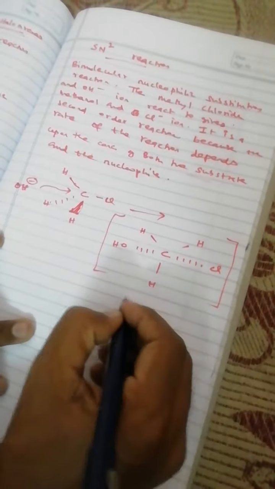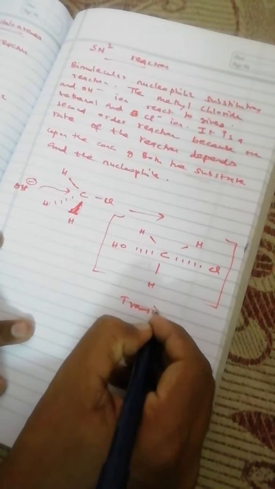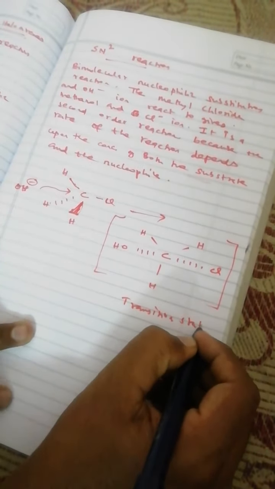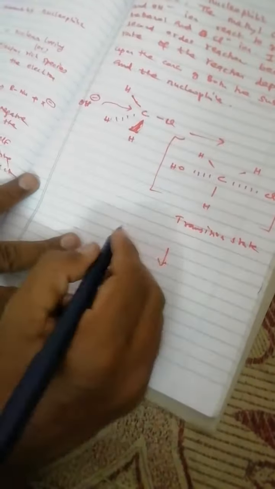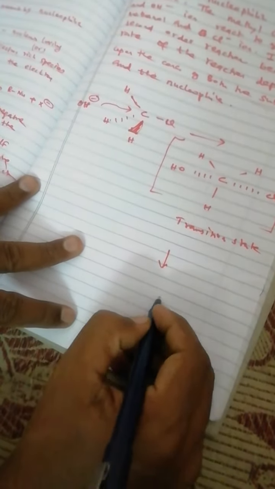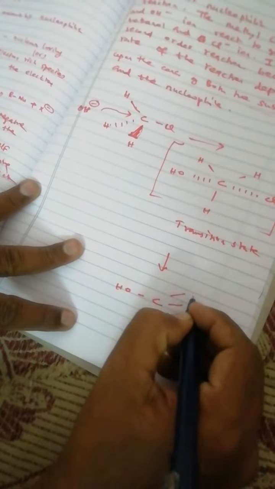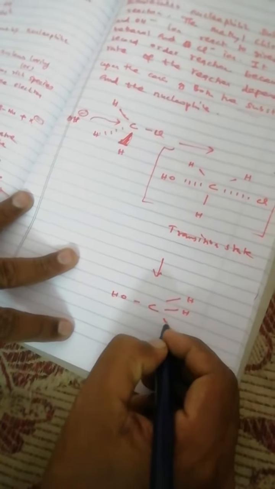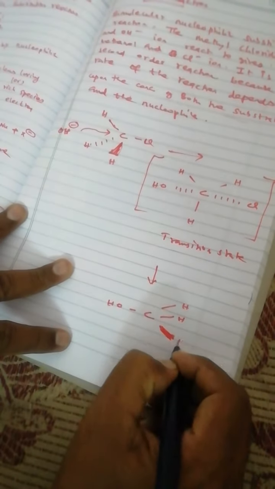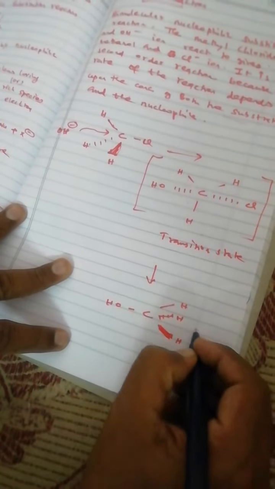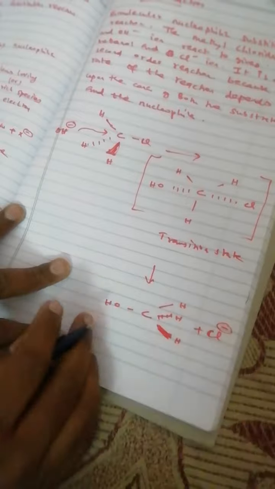This is called its transition state. First I will draw the diagram. In the next step, it will be cleaved into OH, H plus Cl minus. Okay, this is the reaction I am explaining.